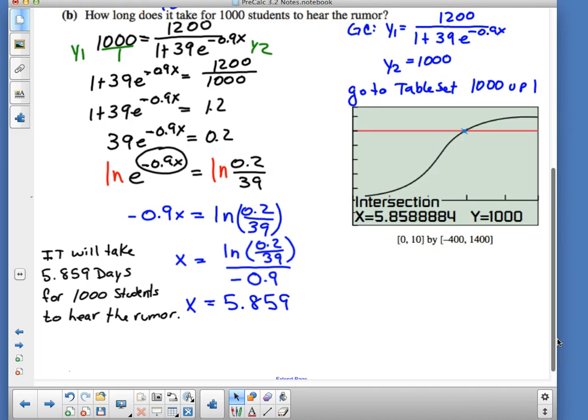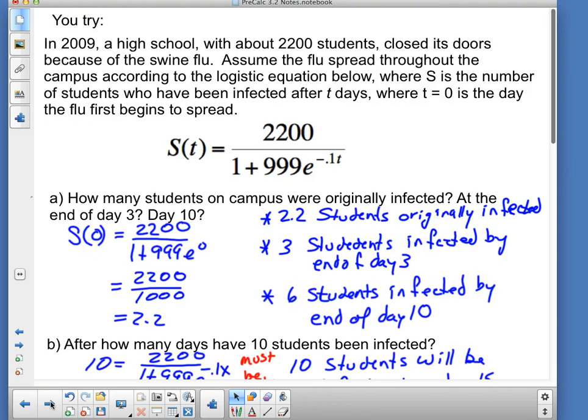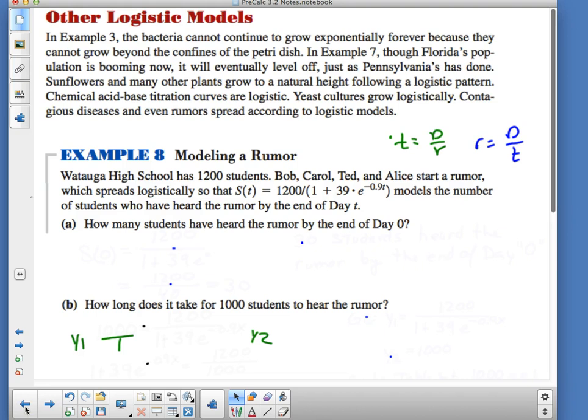Probably one of the funnest problems. For me, maybe I like this stuff because I didn't do this a lot when I was your age, because we couldn't. This is really a lot of fun to look into. We've got another logistic problem I want you to try on your own.